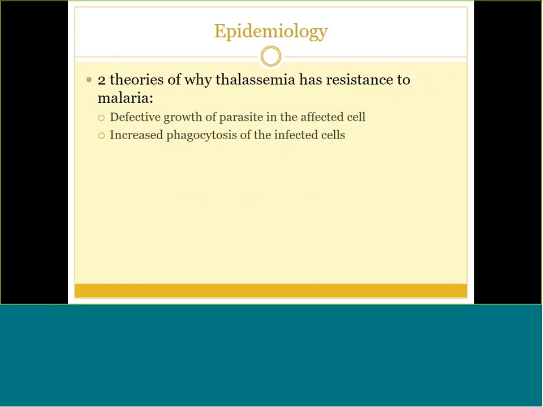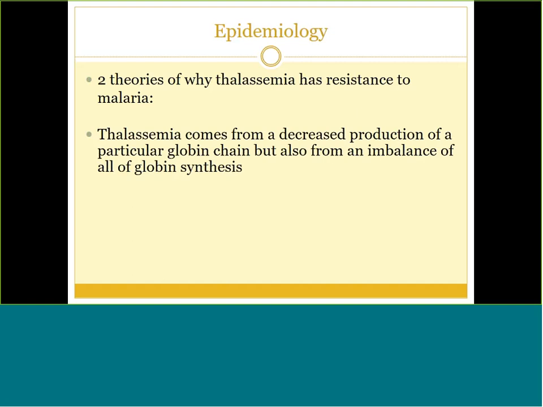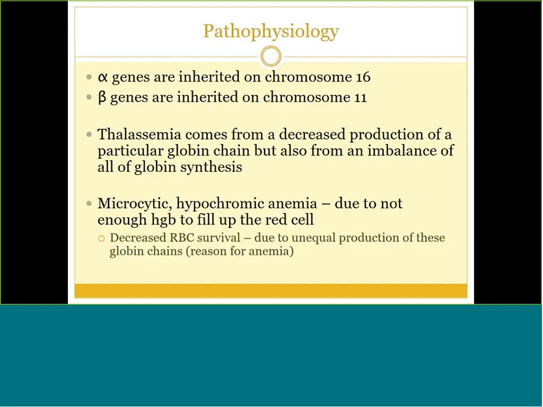One, it doesn't allow the parasite to really grow and thrive in the red cell, and two, it's increased phagocytosis. So my thought is it's just evolutionary. If you have sickle cell anemia and thalassemia that are in the same area as malaria, it's going to be through time that you can evolve to have a resistance.